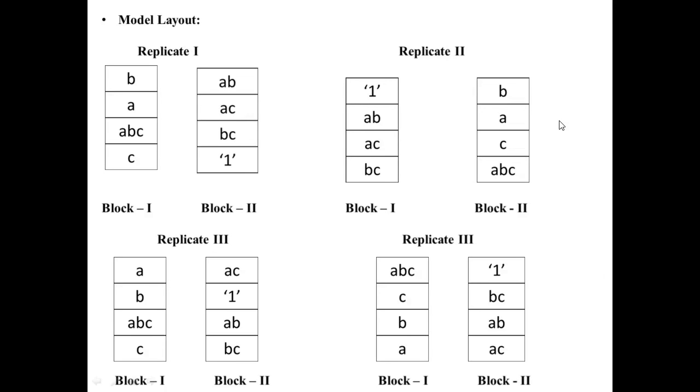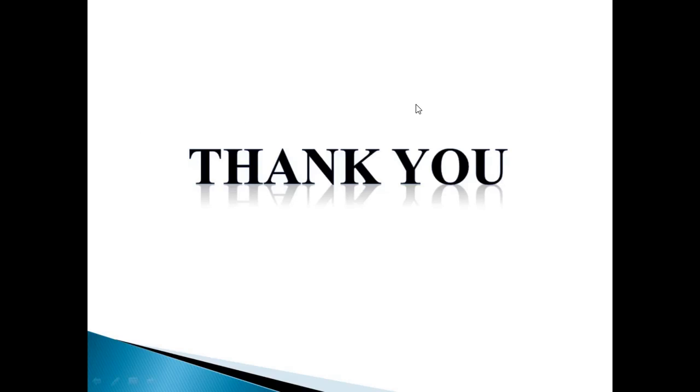So in this way we get the model layout when we consider ABC as a totally confounded effect in 4 replicates. Similarly, your homework is to write down this model layout when we consider r replicates in which we confound the ABC effect totally.